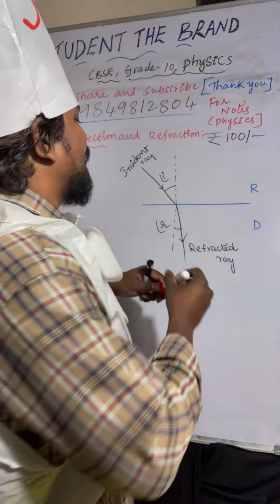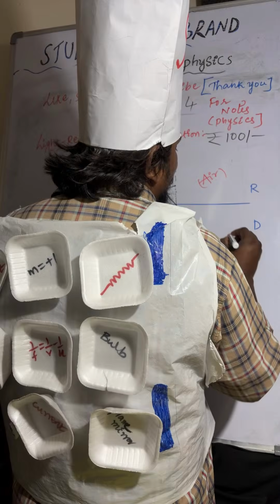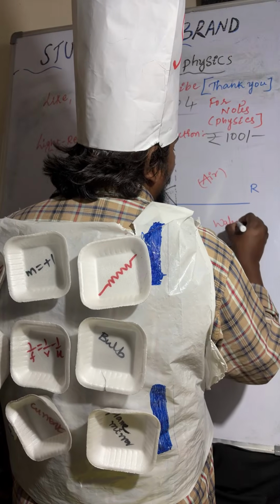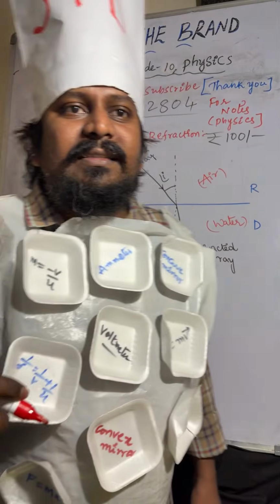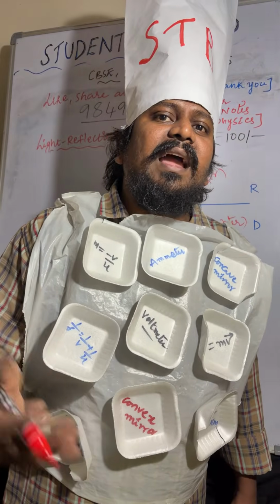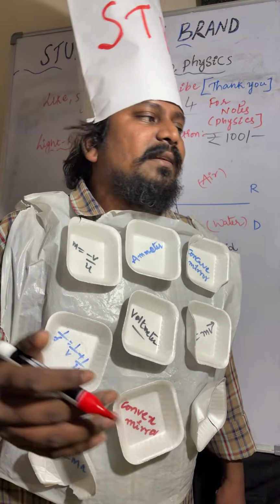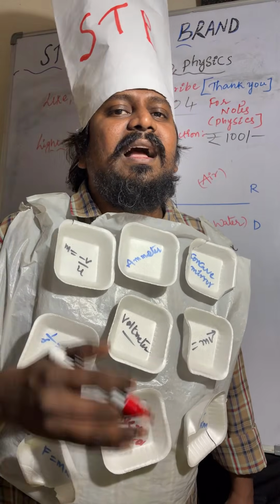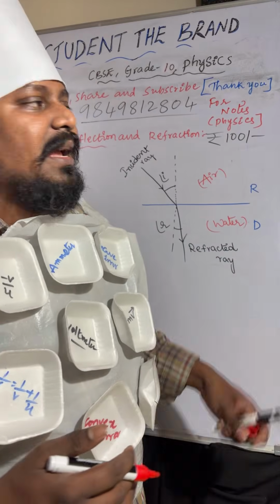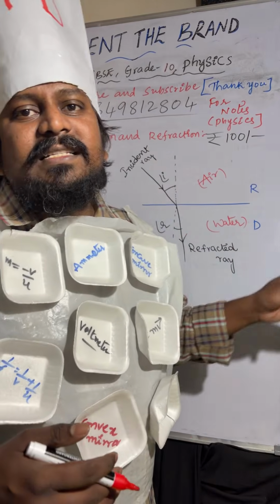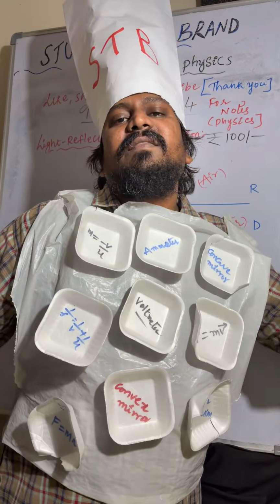The light ray is coming from air to water, rarer to denser. At the interface of the two media, it bends towards the normal line. The path of the light changing at the interface of the two media is called refraction of light.